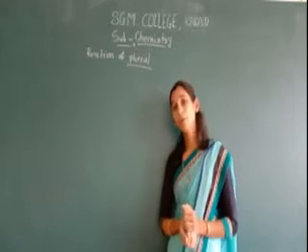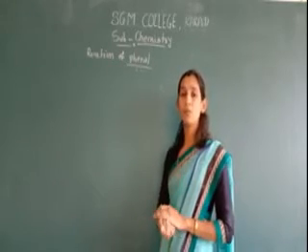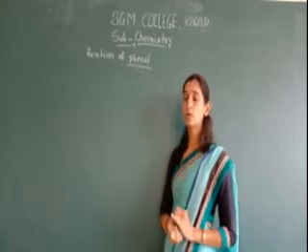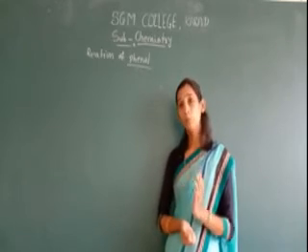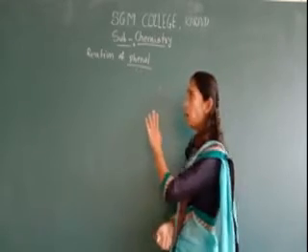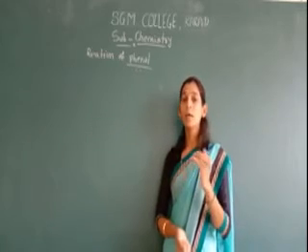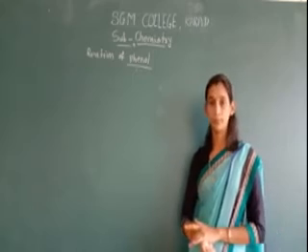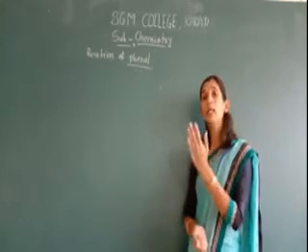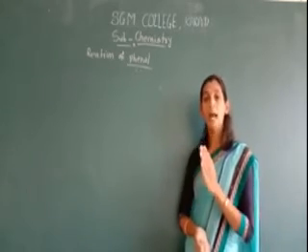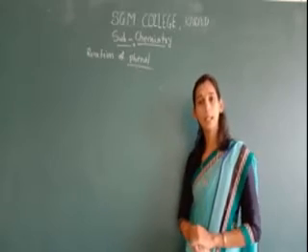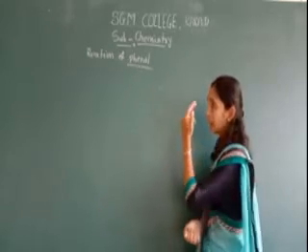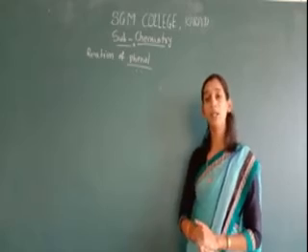What happens when we take concentrated sulfuric acid, H2SO4, and react it with phenol at room temperature? We get ortho-phenol sulfonic acid. And if we increase the temperature to 373 Kelvin, then we get para-phenol sulfonic acid.